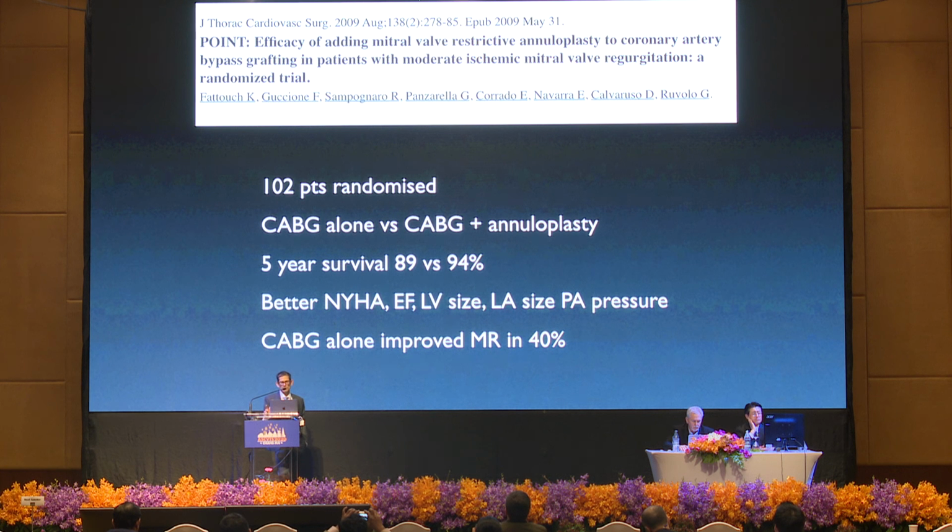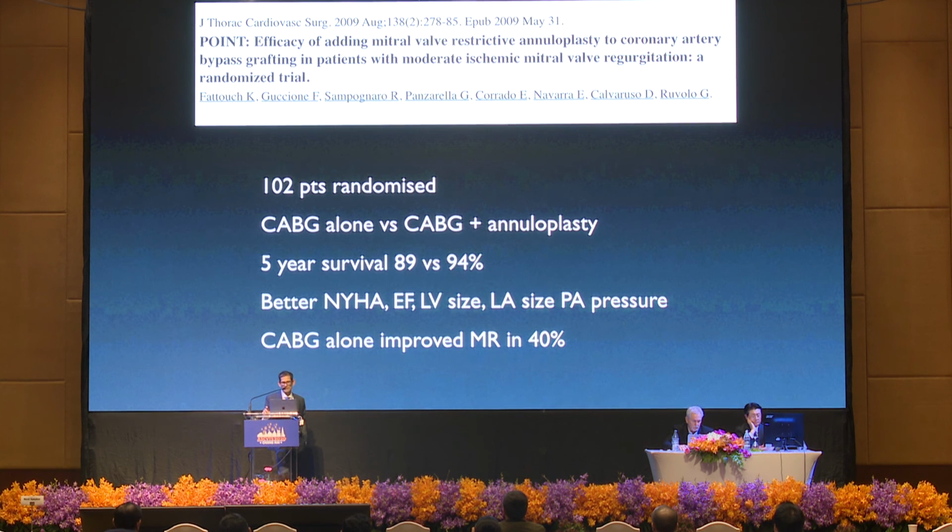There's this other paper that, again, is quite interesting, and basically these patients were randomized to having CABG alone versus CABG and annuloplasty. They looked at a whole lot of factors. Really not a huge difference in 5-year survival in this patient population, about 5% difference. What they found, though, that was interesting was that in about 40% of people, just doing the CABG improved the mitral regurgitation.